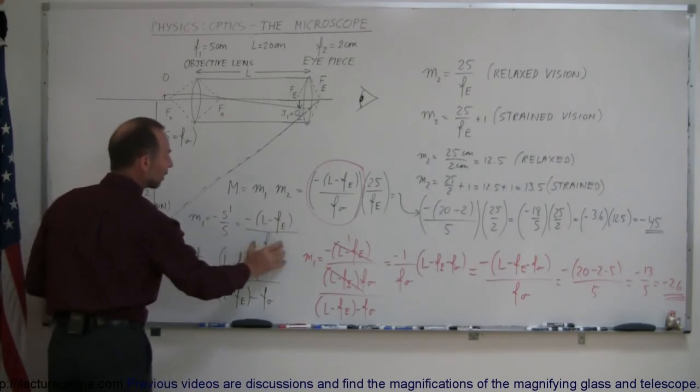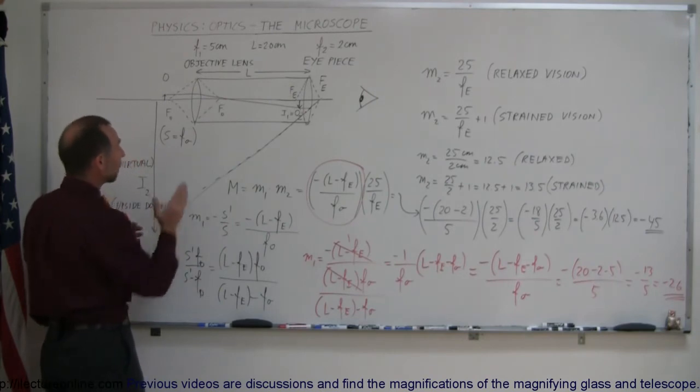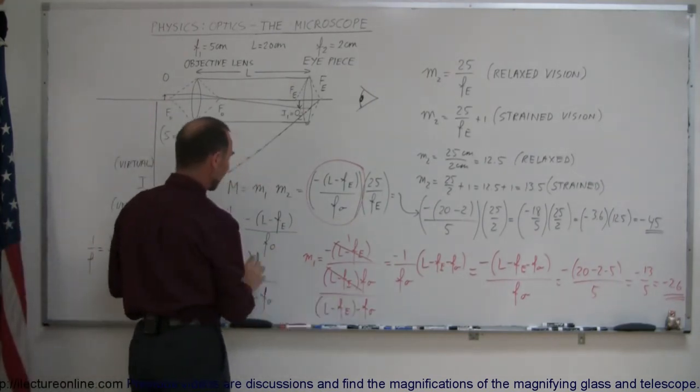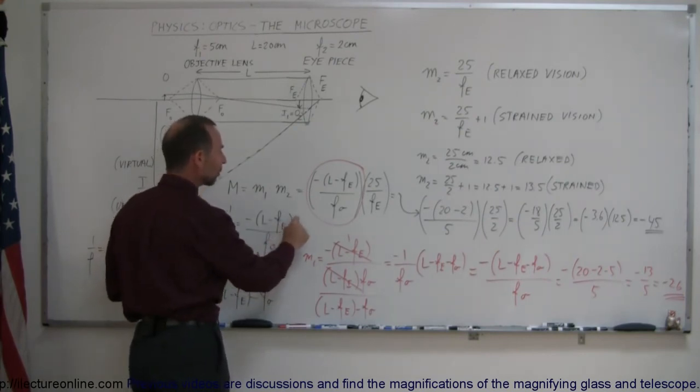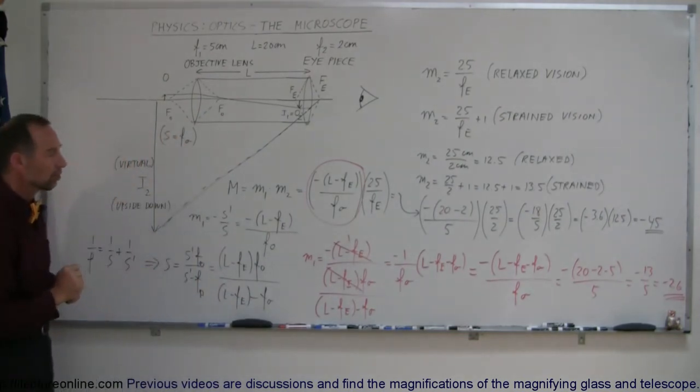S will be equal to this if we kind of simplify things, but if we complicate things a little bit more by putting the object at the correct place, then it changes just a little bit, and instead of using this for the magnification, we add another minus F sub O in the numerator here to get the absolute correct magnification of the microscope. And that's how you do that.